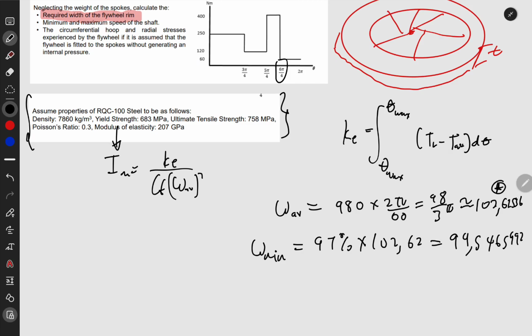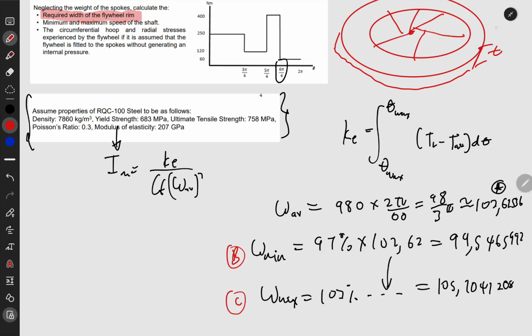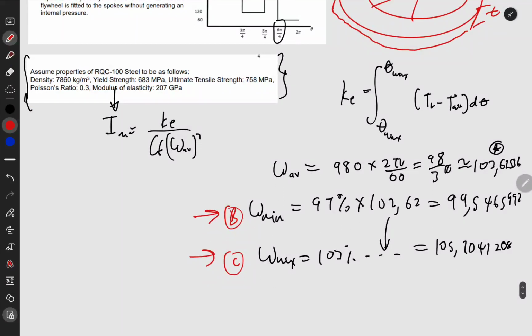Then that's not all. We still want to get omega max. Our max will be 103% of whatever this is, and then we'll get 105.7041208. Okay, so that's fine. I have my values stored as B and C for this one.